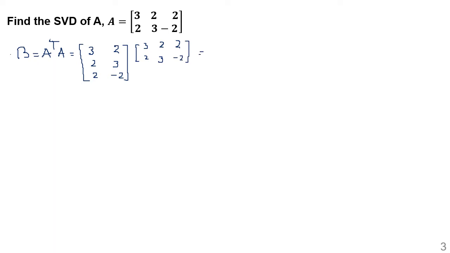When we simplify this, we get the matrix, which is a 3 cross 3 matrix, 13, 12, 2, 12, 13, minus 2, 2, minus 2, 8.